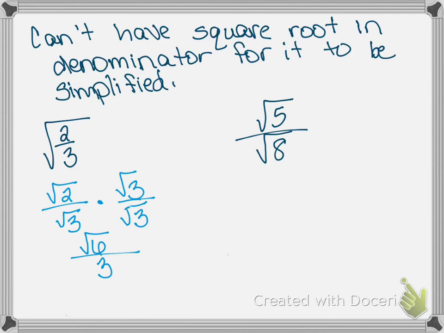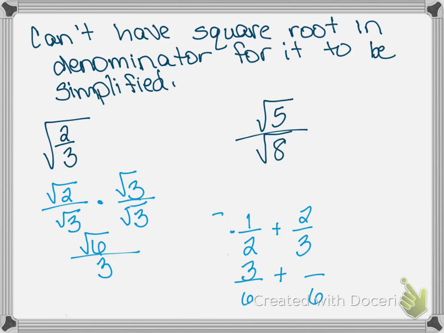Okay? Now, if you remember, if I was making equivalent fractions, or trying to find a least common denominator, if I had something like 1/2 plus 2/3, my least common denominator would be 6. 2 goes into 6 how many times? 3. So then we have 3 times 1 is 3.